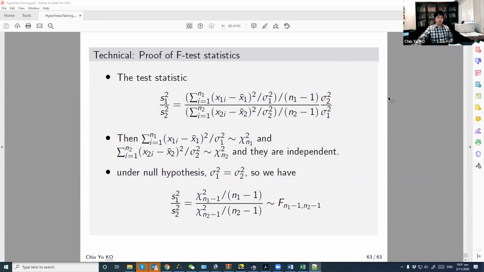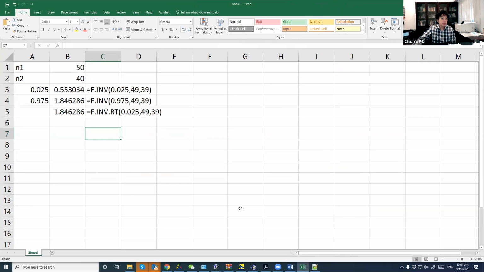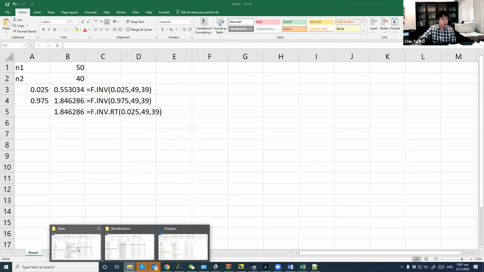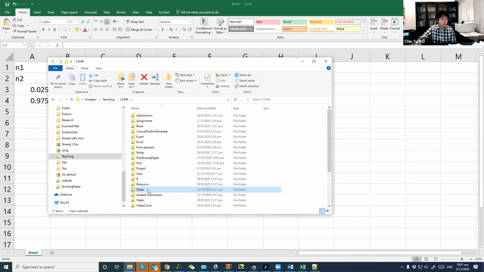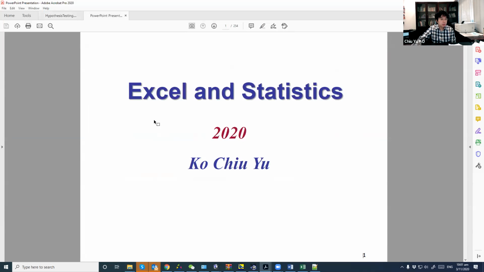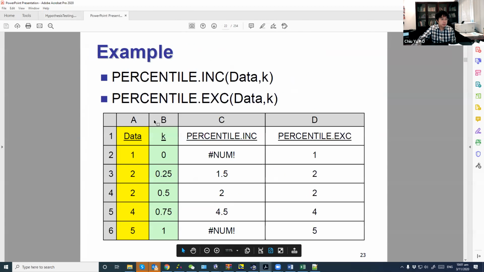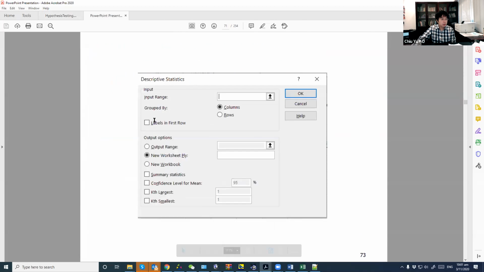If not, then we are going to talk about Excel. Maybe it's good to look at the slides to see if there is anything to cover over there.